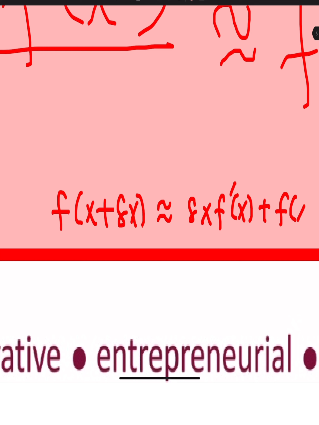After we rearrange, we obtain this, so we will use this formula. Alright, now let's look at the example.